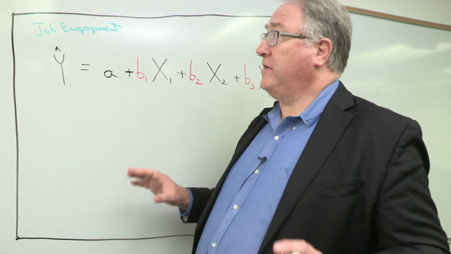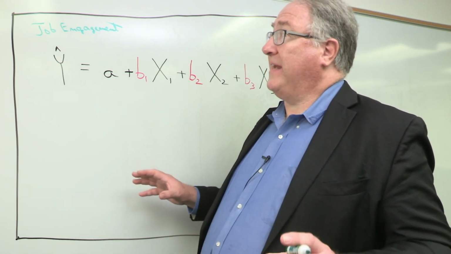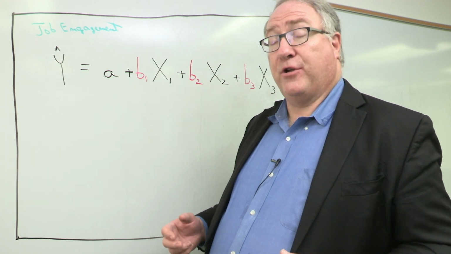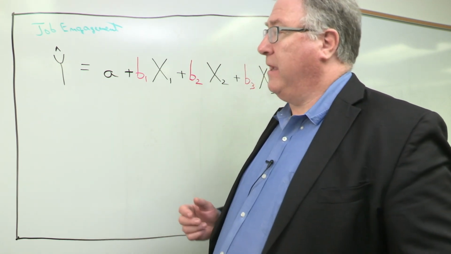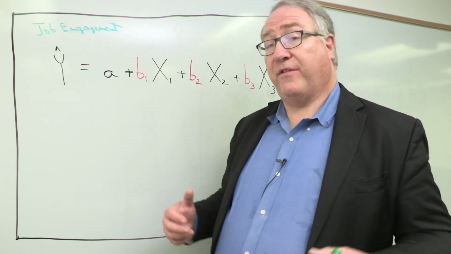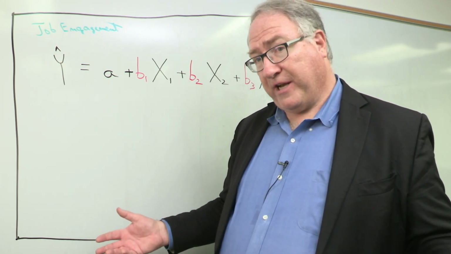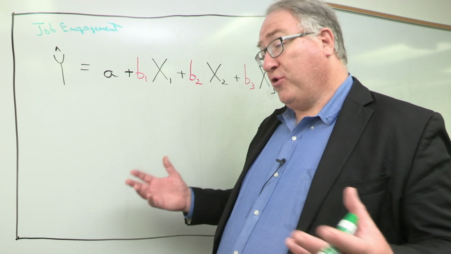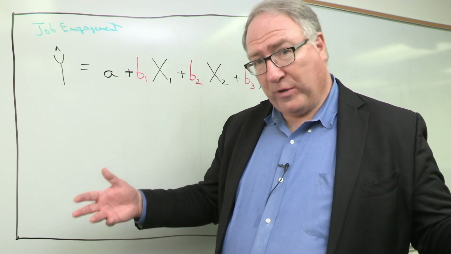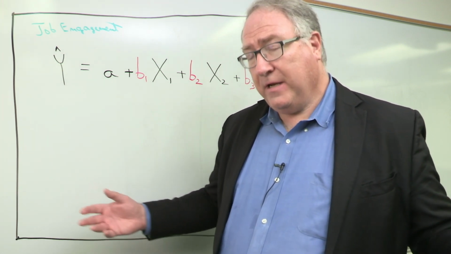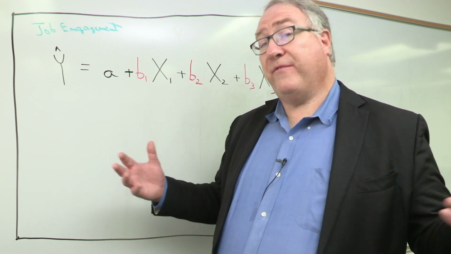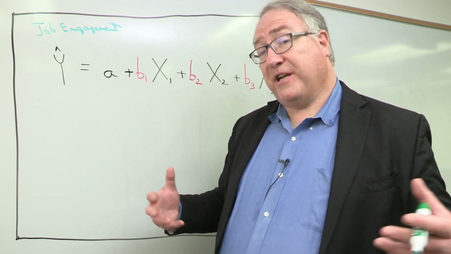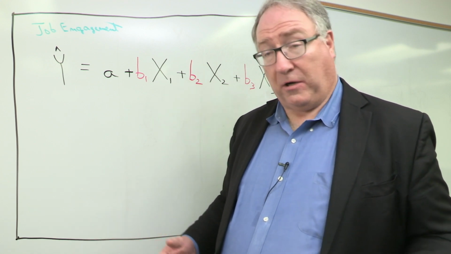Let's say that we want to understand one's level of job engagement in terms of persons' personalities. Okay, then what we can do is go to the 5-factor model of personality, and after looking at the research literature and some theory, we can decide that we're going to include 3 of those personality factors in our model.